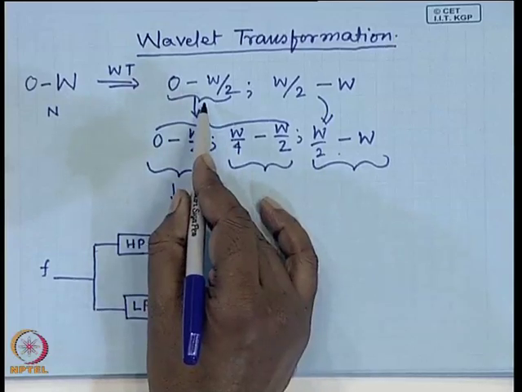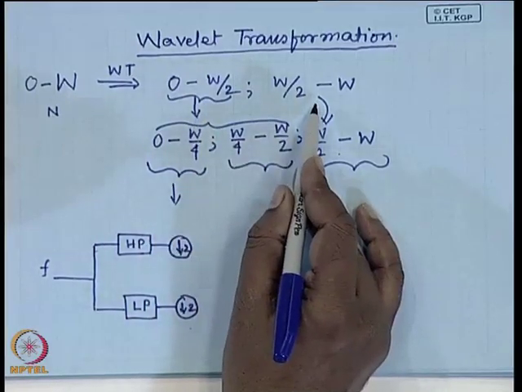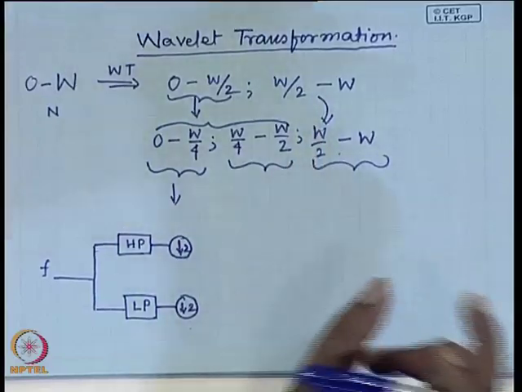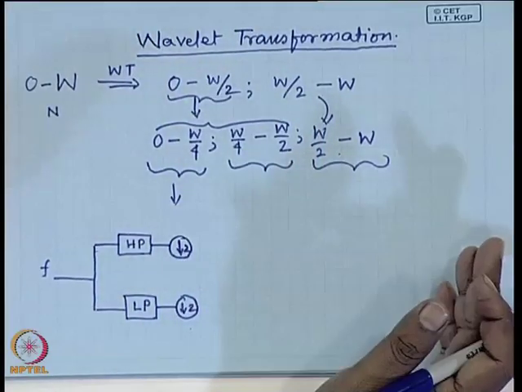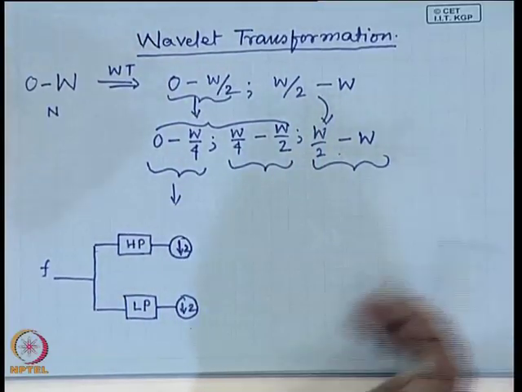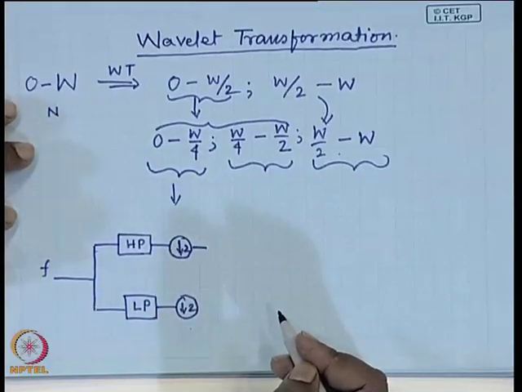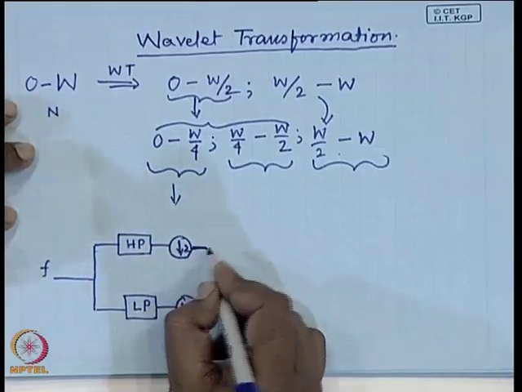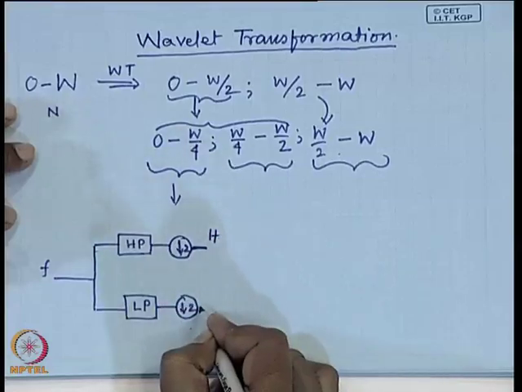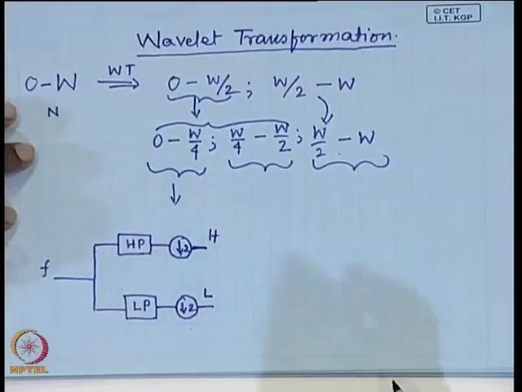This reduces to n by 2 samples, and this also reduces to n by 2 samples. So, the total number of samples that I retain is again n. This one I call the high frequency band and this is the low frequency band.